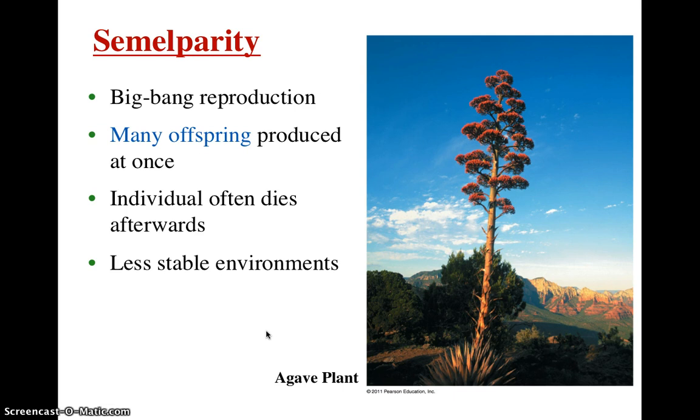But it's not as advantageous, because when they do this, they're usually within a less stable environment. So in some cases, offspring will survive. In many cases, offspring will die off.